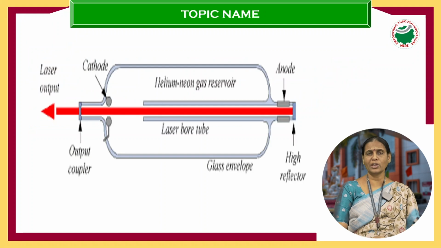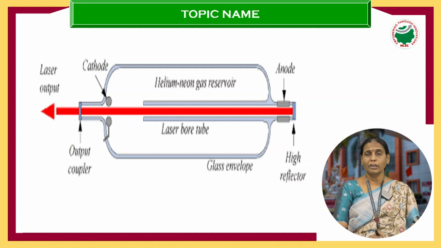Okay, now you can see this diagram, you can easily follow this one. That introduction you write, and then you go for this figure. Now, this is a glass tube which is filled with two gases, helium and neon. As neon requires more energy to enter into the glass tube, helium is used as a supporting element.